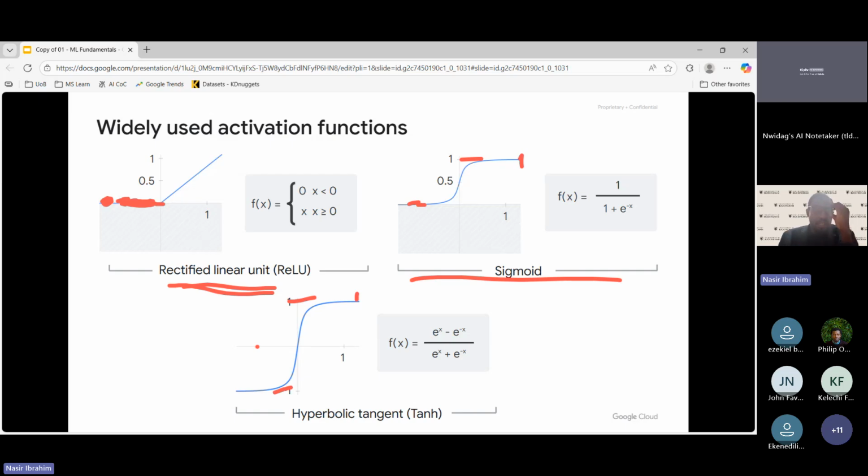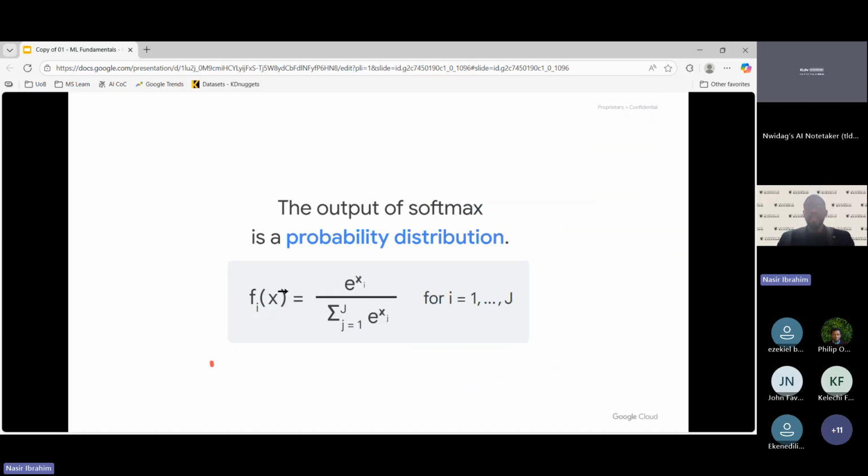All of these activation functions, you can apply them in the hidden layers or on the output layer. But you have to understand the type of problem that you're looking at. If you have a binary classification problem, you can apply Sigmoid. But if you have a multi-class classification problem, you cannot apply Sigmoid. In that case, Softmax would be the most appropriate, and you need to understand that softmax is a probability distribution function.